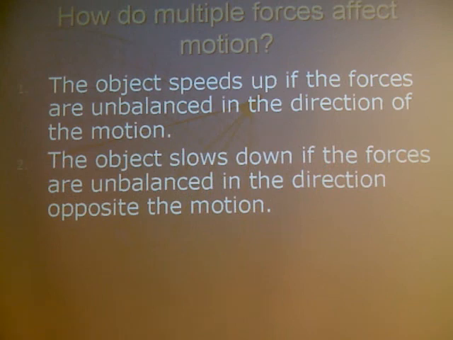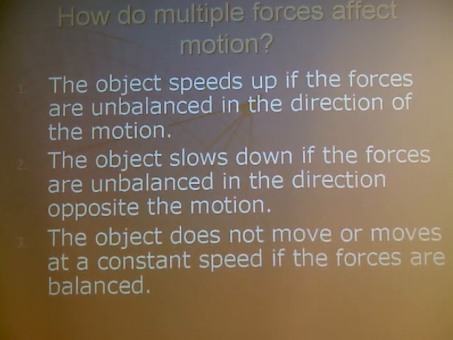If the forces are unbalanced in the direction opposite of the motion, the object will slow down. So the object slows down if the forces are unbalanced in the direction opposite the motion. Now, the object does not move or moves at a constant speed if the forces are balanced. Basically, this is a summary of Activity 7.